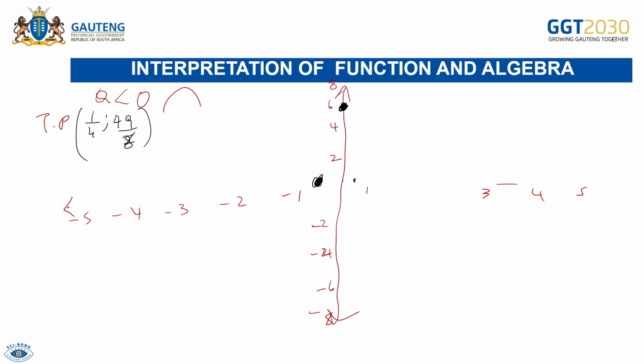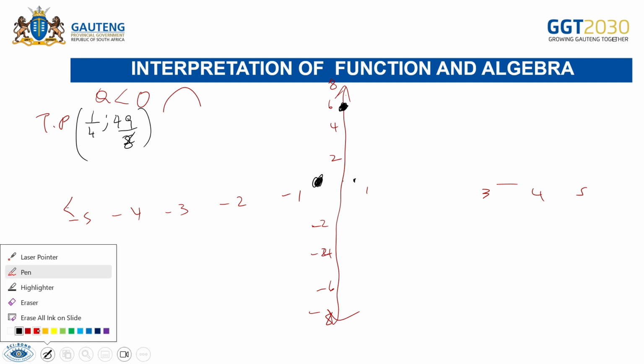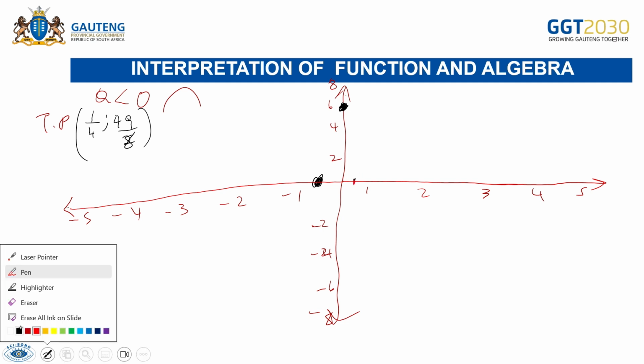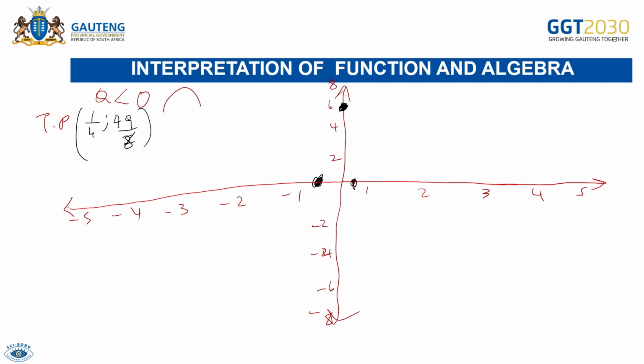Okay, so here we had the Cartesian plane, 1, 2. So our point was here. We had a point here, and we had a point just after the 6.